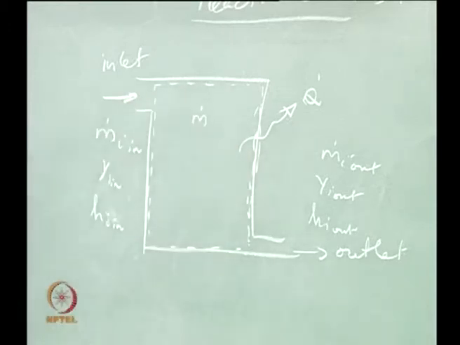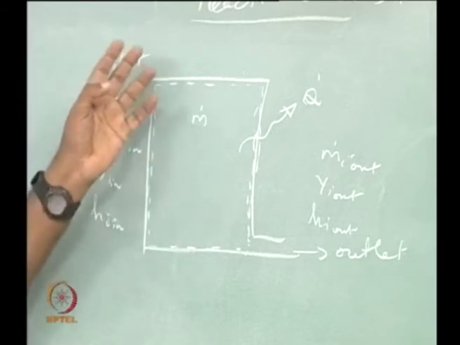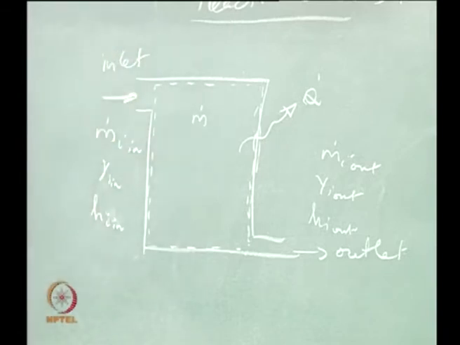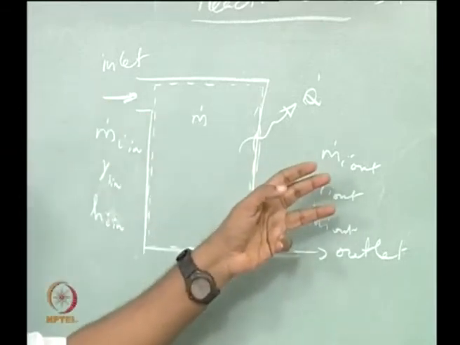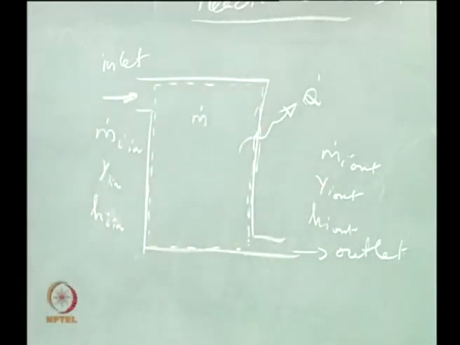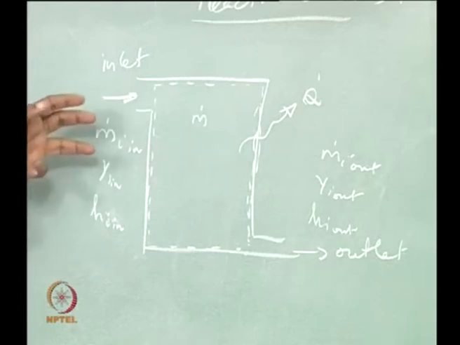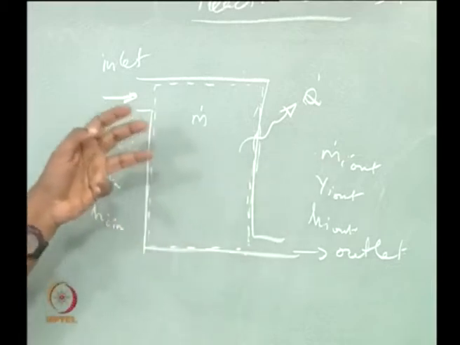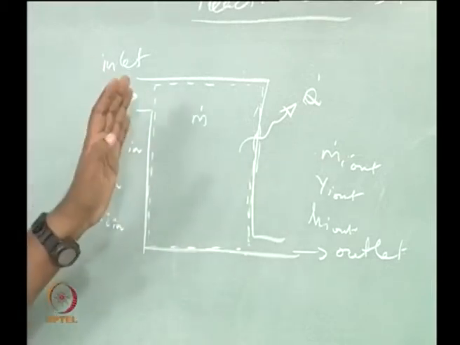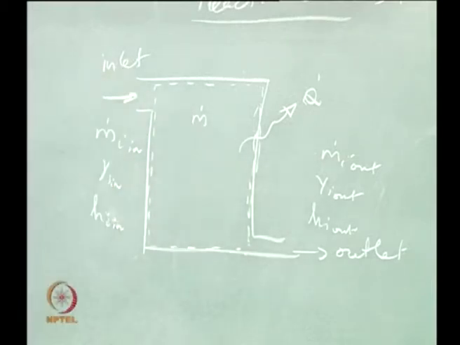So it has a fixed mass flow rate, so that means sigma m dot i in is equal to sigma m dot i out, equal to m dot.